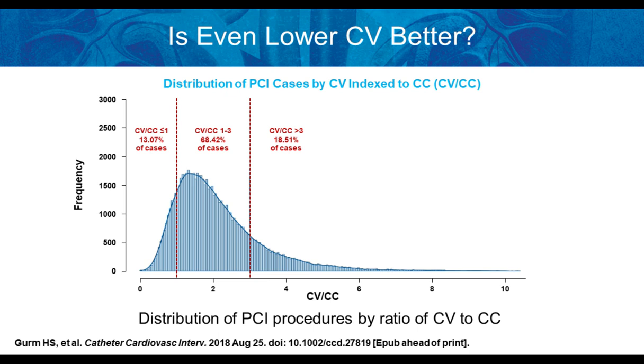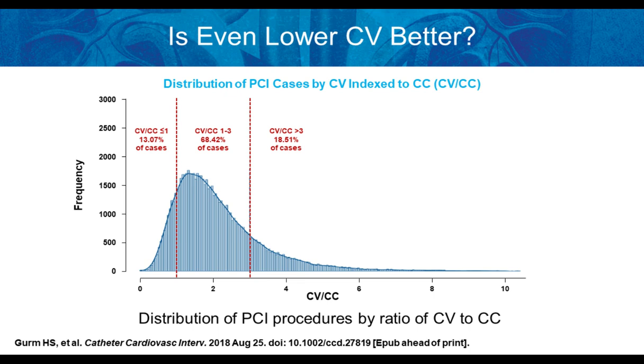Now, one of the interesting things that happened as we shared these data was that the curve shifted quite a bit to the left. So these are the procedures that were performed in Michigan in more recent years. And what has happened is while we were focused on reducing the number of patients where we exceeded contrast volume more than 3 times the creatinine clearance, there was a push by some operators to take the contrast volume down even lower.